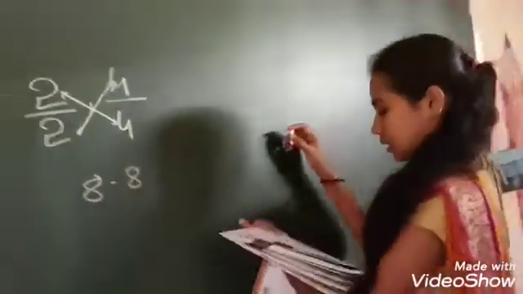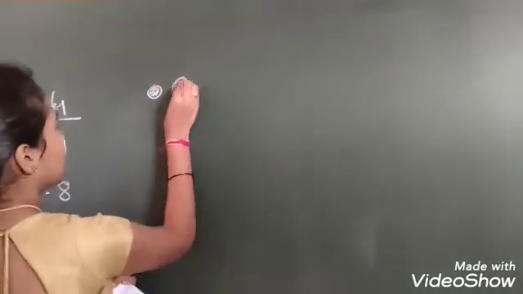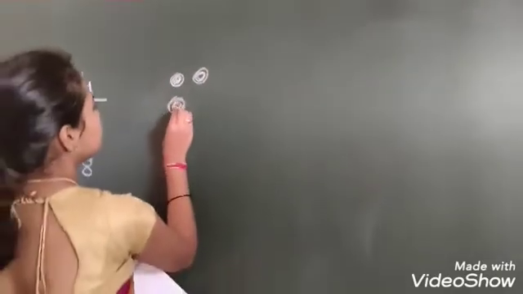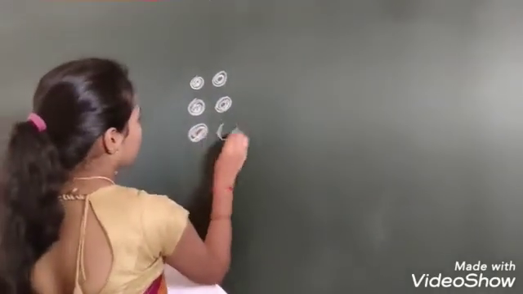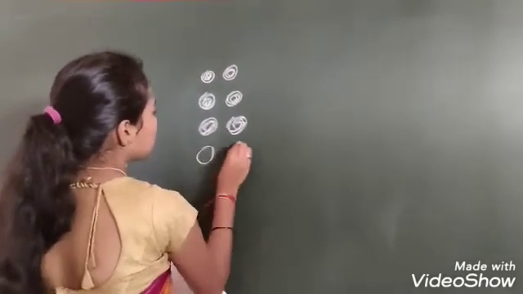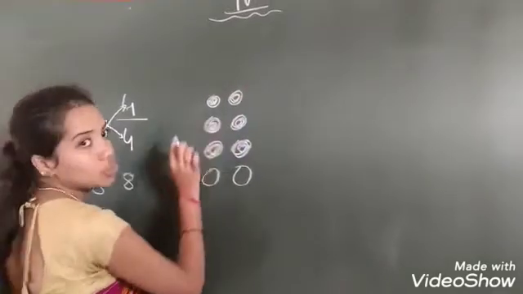Okay. Here I'll explain. See here, we consider these as 1, 2, 3, 4, 5, 6, 7, 8, because one circle they had given individually.